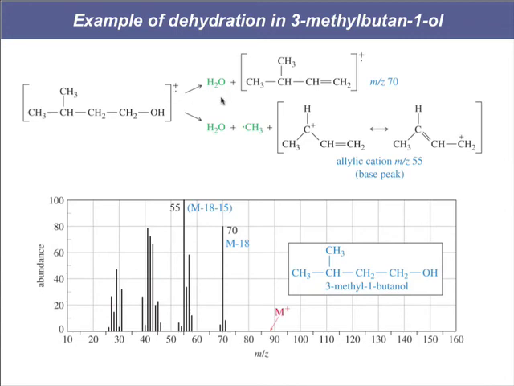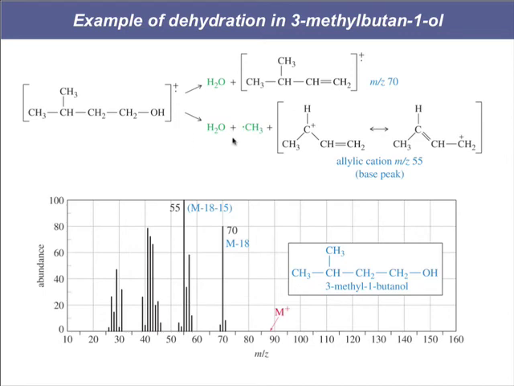It could lose water from the parent and get you a new parent, which is less molecular weight by 18. So this was 88. In fact, they're showing you here. They're saying you can't see it, but the parent peak is very tiny at 88. So there's 88. If we lose water, our new parent will be 70. And that is here. It's our parent minus 18.